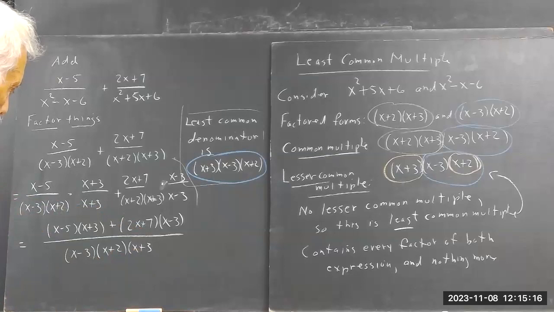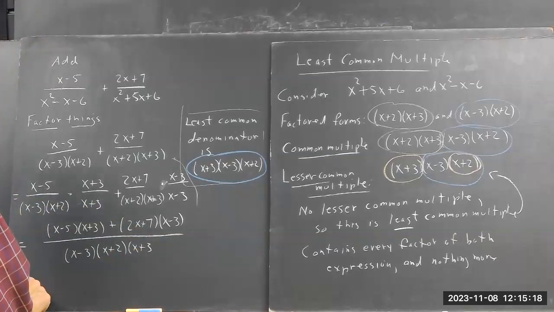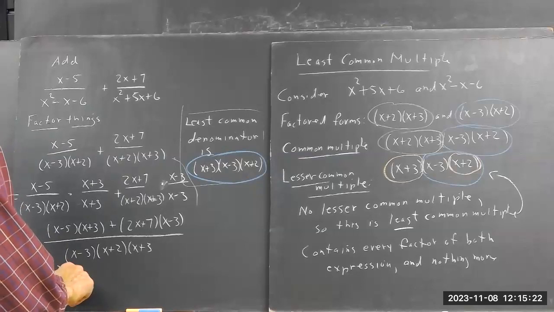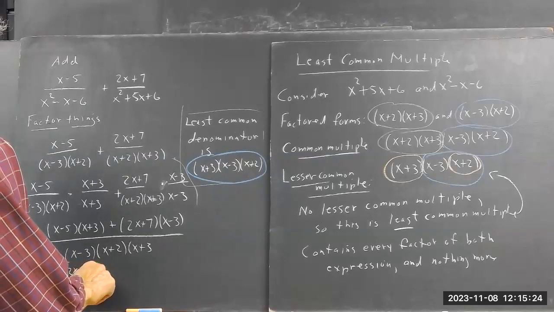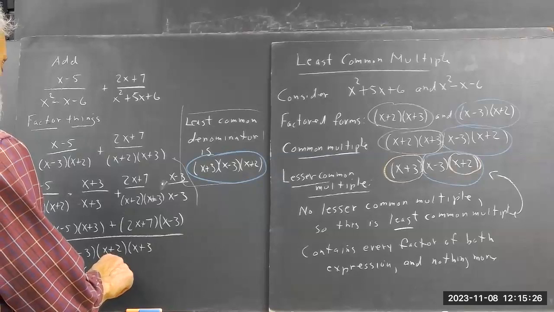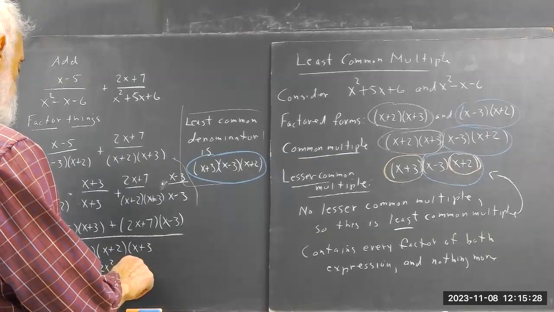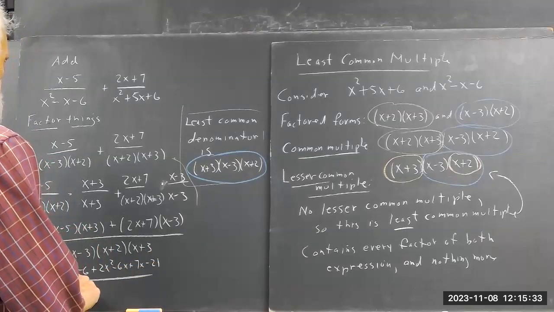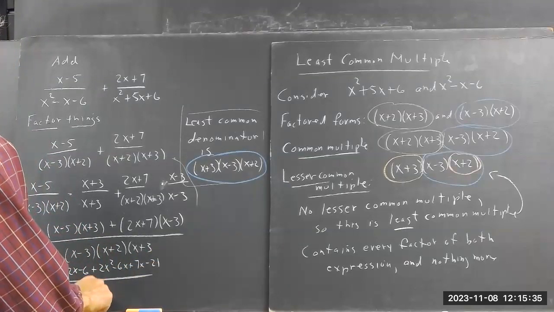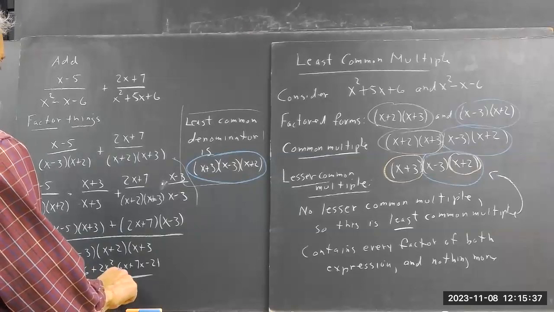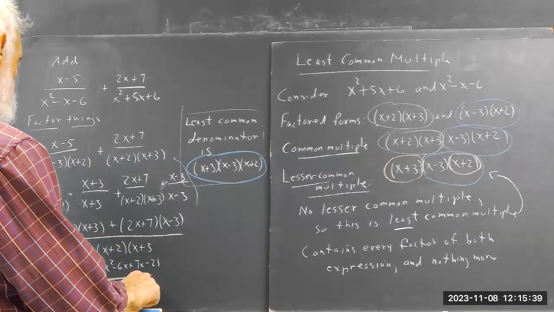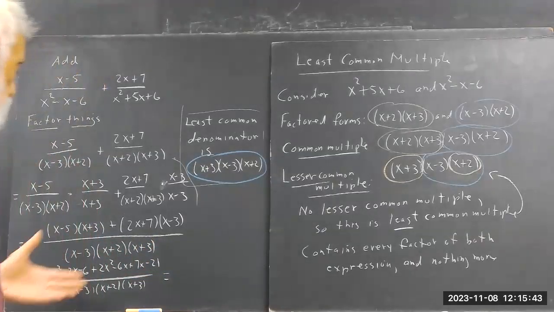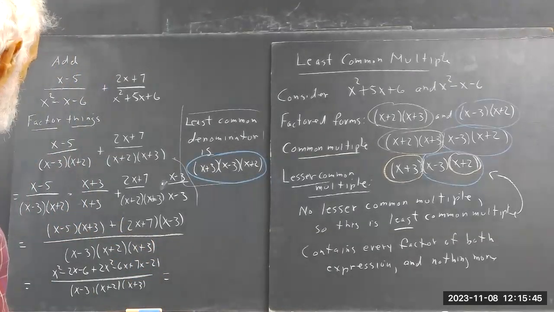And down here, we need to just multiply everything out. We have x squared minus 2x minus 6 plus 2x squared minus 6x plus 7x minus 21 over the same denominator we had before. And now we can collect our like terms.